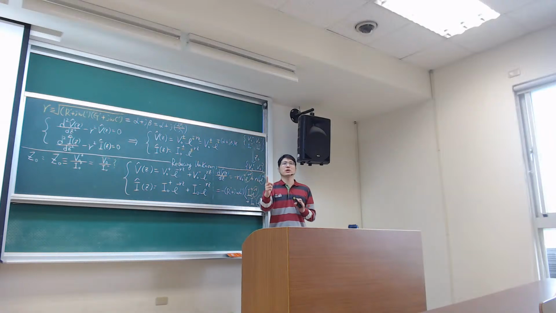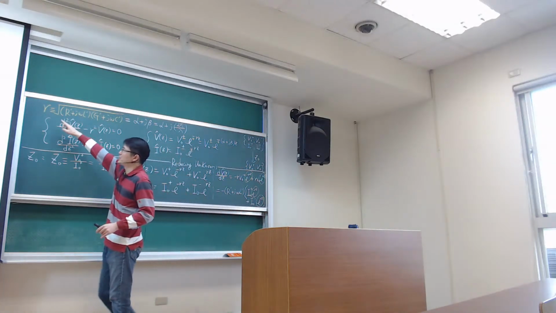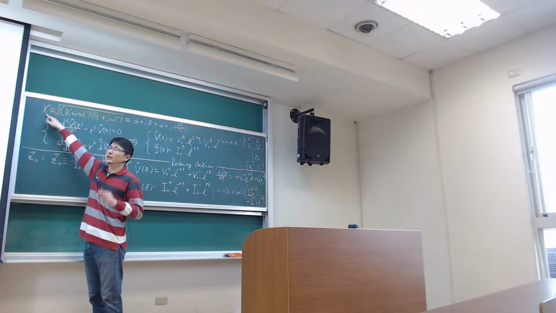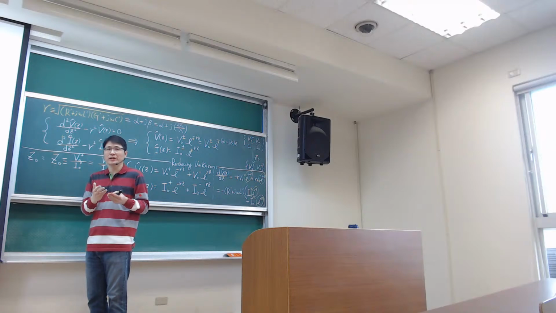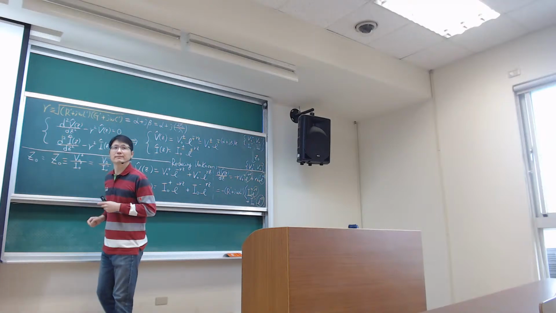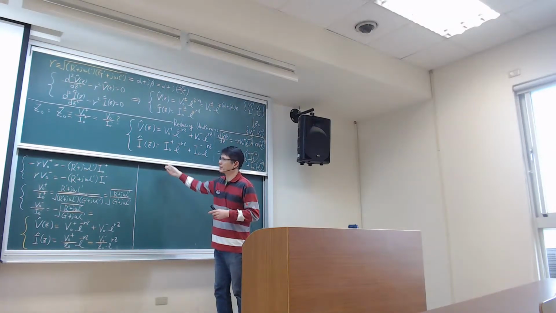Once you know voltage, you know current, provided that you really understand your transmission line. So if you know your gamma, basically you know how voltage and current are related for a certain direction. So this is the beauty of a transmission line.